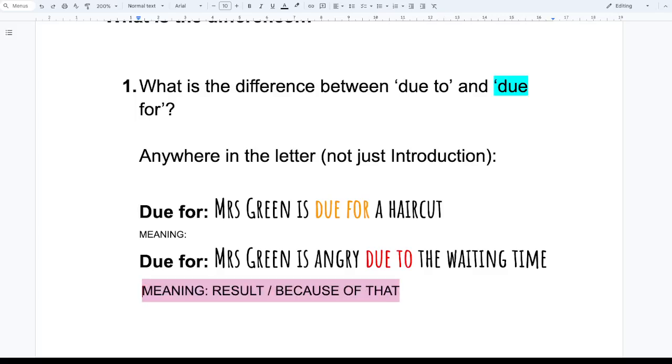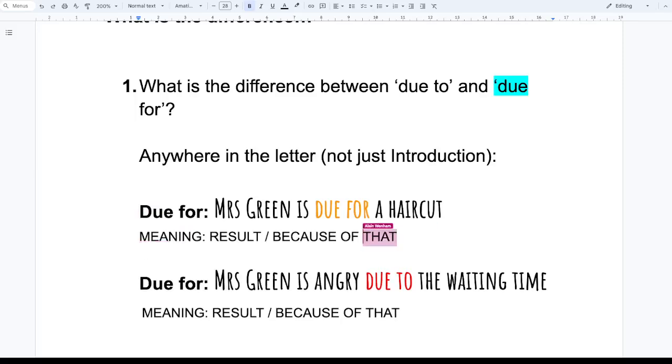And the meaning of due for, that is, you have an appointment. Okay, that's what it means. Appointment is scheduled. Or sometimes it can mean you should do it in future.